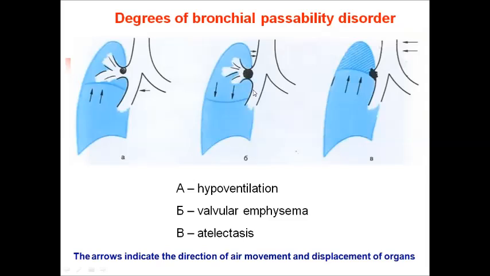The next step is so-called valvular emphysema, when the bronchus lets air go into the alveoli on inhalation, and on exhalation, when the bronchus is constricted, complete blockage of the bronchus occurs, and air cannot go out of the alveoli, and this leads to formation of valvular emphysema.